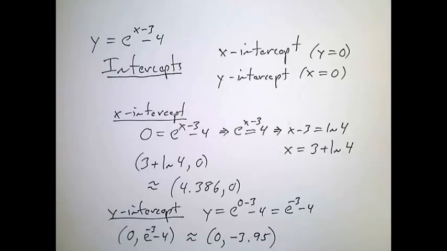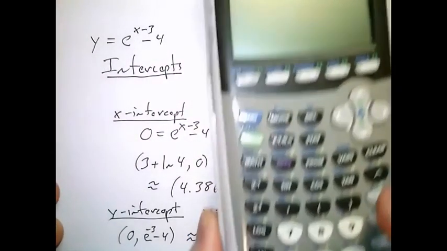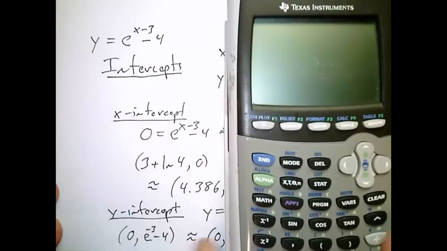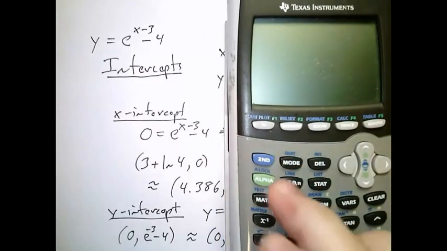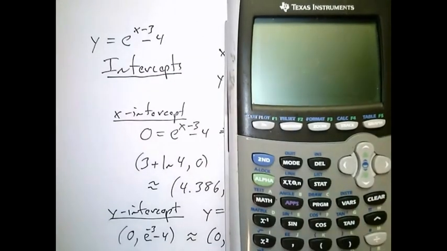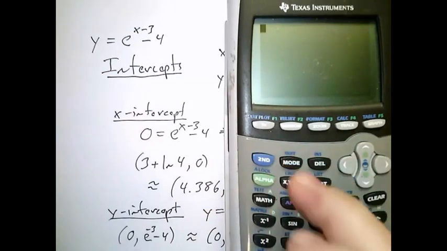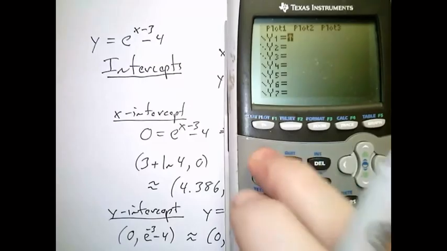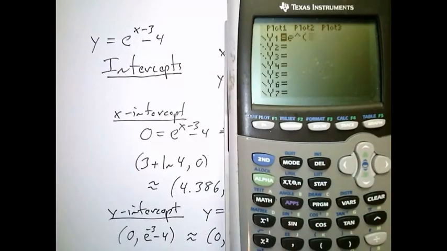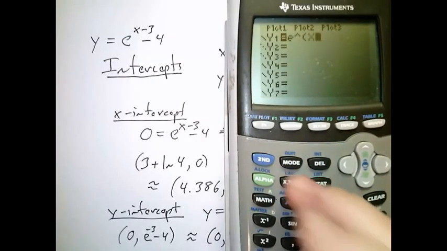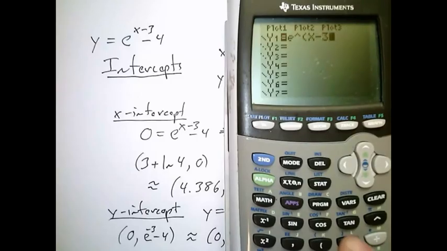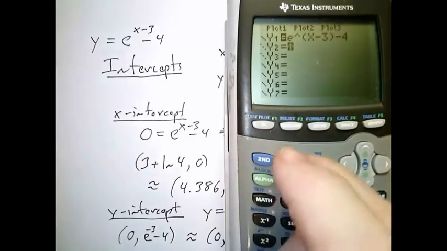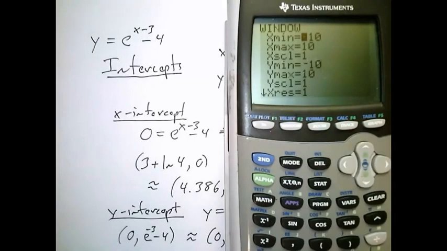Finally, what I would do is I would graph this thing and see what it looks like. So maybe over here, let's see. I have my y equals, I need to turn this on. So I want e to the x minus 3 and then minus 4. I want to see my window here.